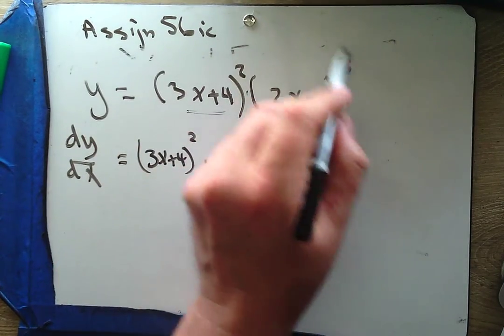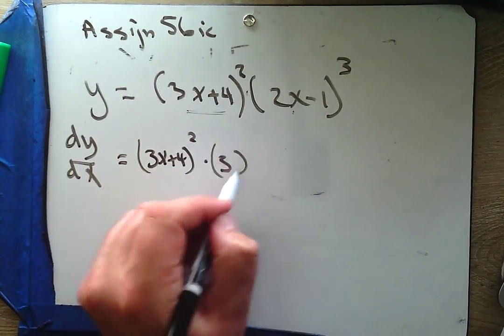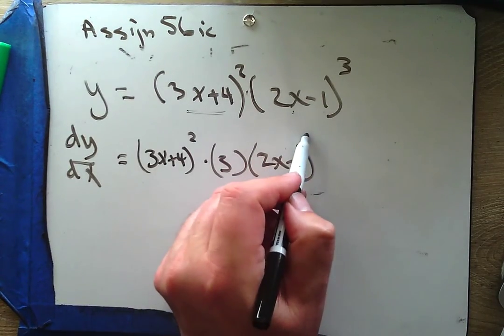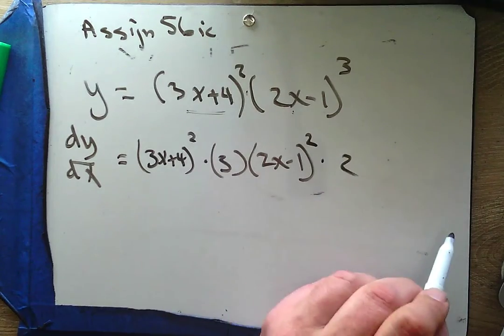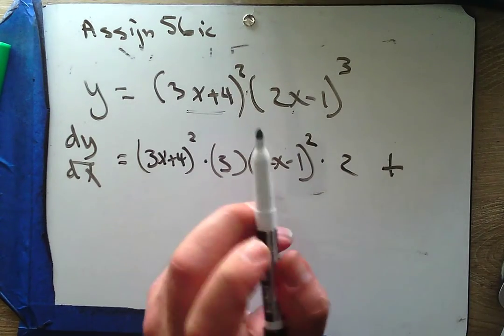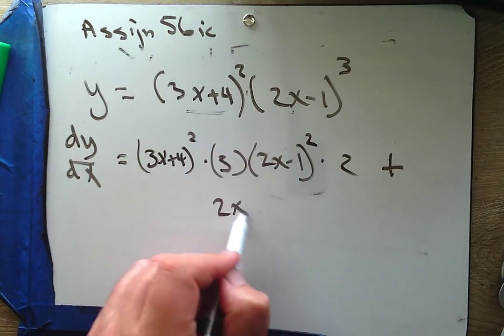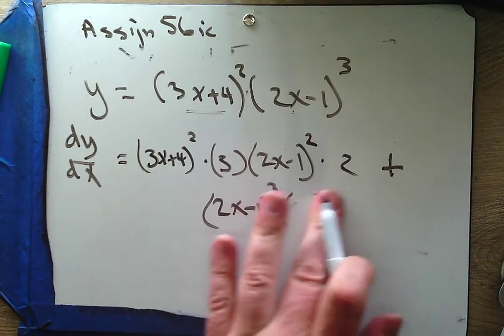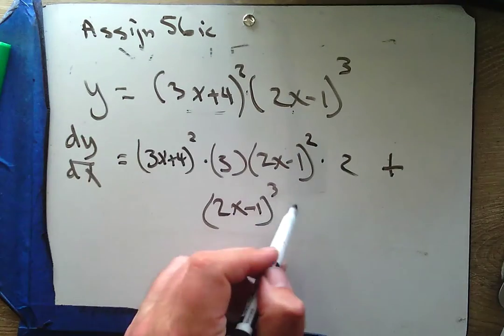Derivative of this means I bring down that 3. I leave the inside alone. Don't forget to subtract 1 times 2. Plus this times the derivative of that.